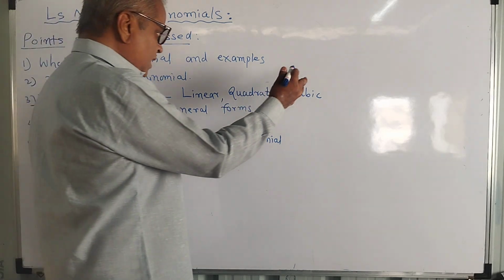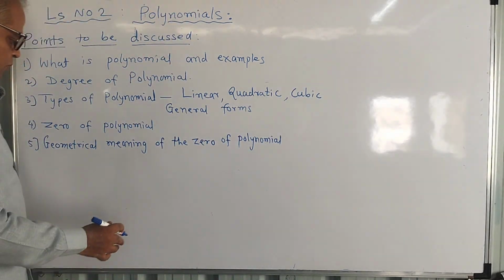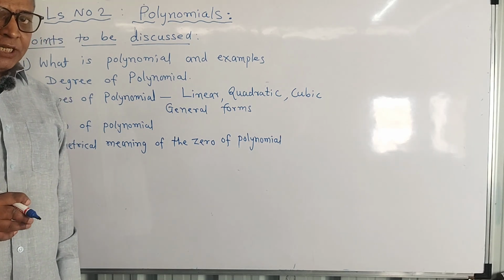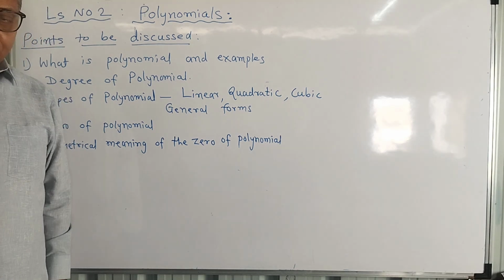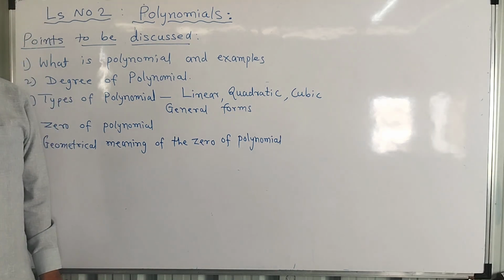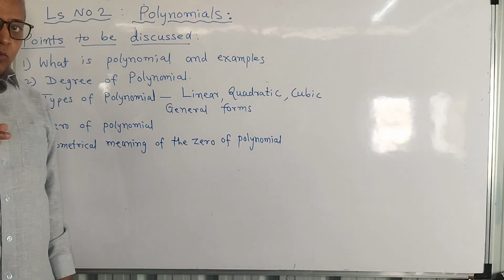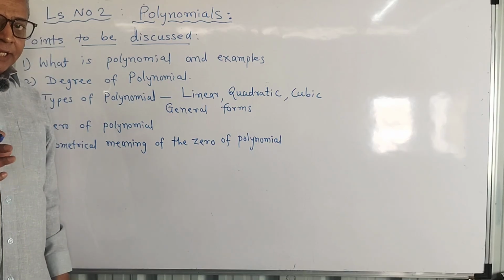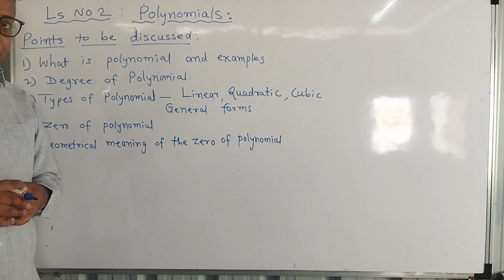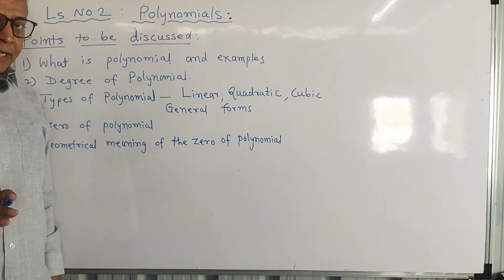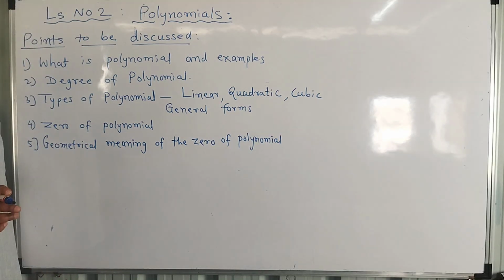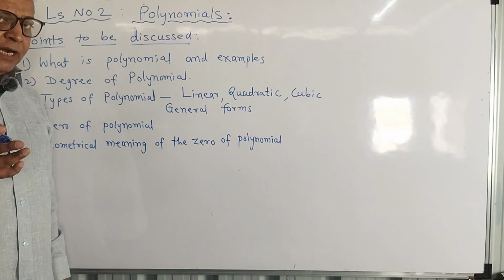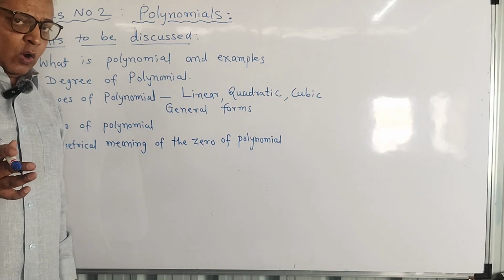What is a polynomial? Actually, a polynomial is an algebraic expression in which the power of each variable is a whole number. असं अल्जेब्रिक एक्सप्रेशन की ज्याच्यामध्ये प्रत्येक व्हेरिएबलची पॉवर ही होल नंबर पाहिजे. That means the power of the variable should be 0, 1, 2, 3, 4 and so on.